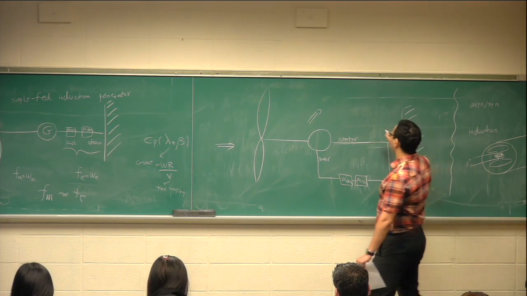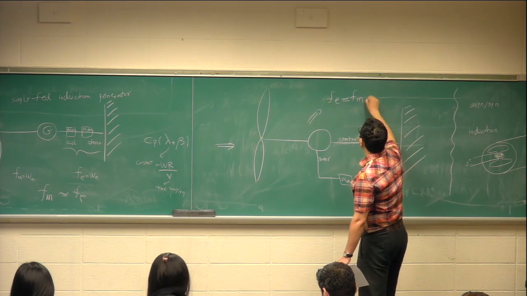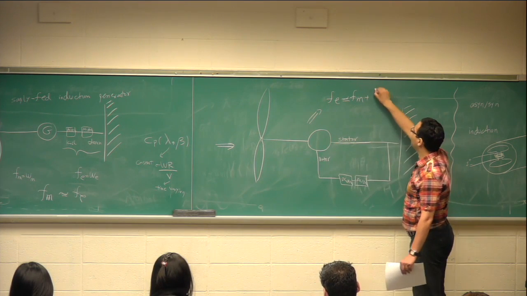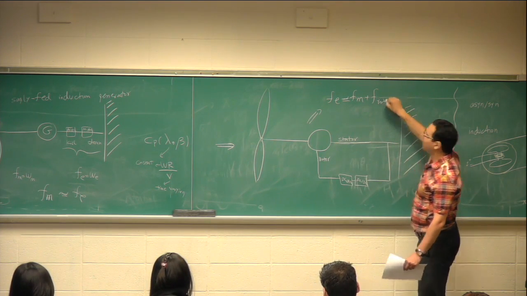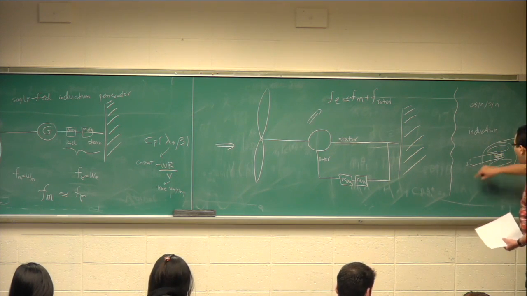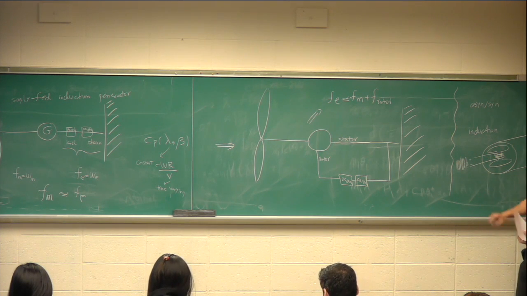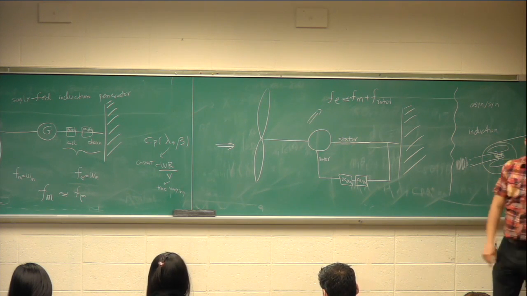The frequency that you get here is correlated by frequency mechanical plus frequency of rotor. So this is the beautiful part of this. Depending on what signal you use for excitation, you can control the frequency over there.